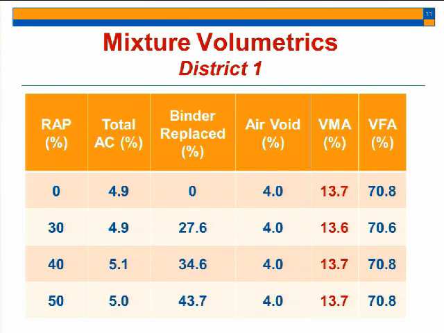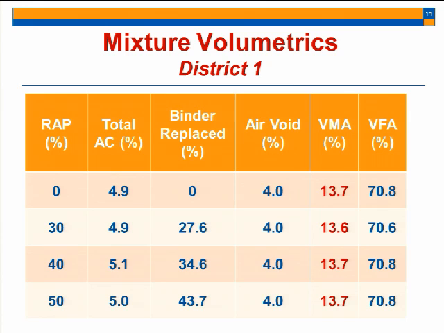As I said earlier, during the past studies we saw that there have been quite a lot of problems in achieving such volumetrics. Some of them reported that there is a decrease in VMA with increase in RAP. Others reported there is an increase in VMA with increasing RAP.